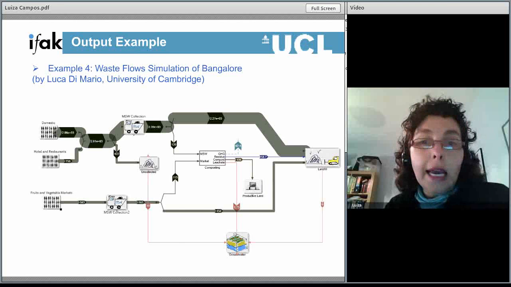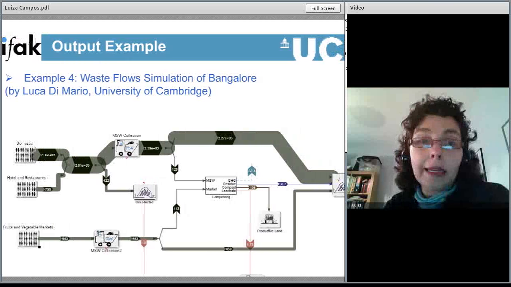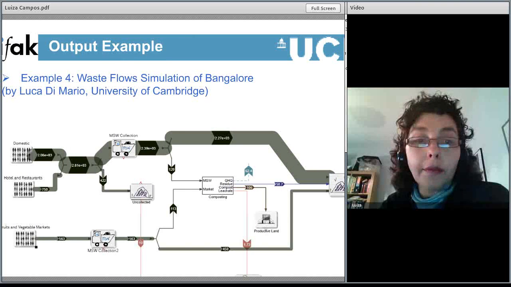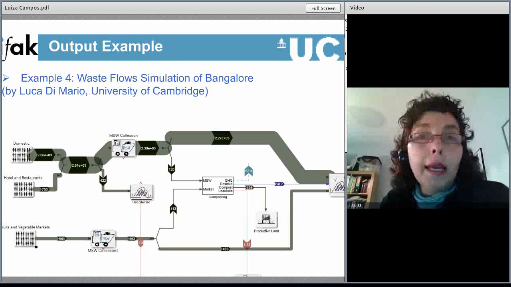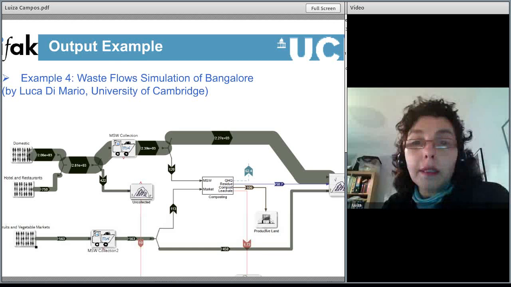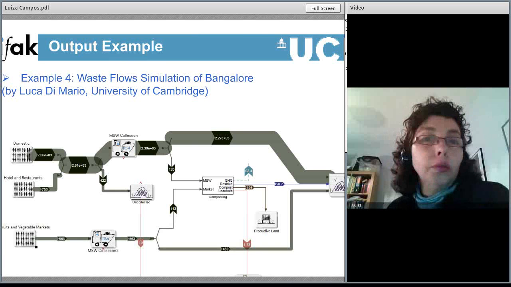Here is an example of collection of waste produced by domestic hotels and restaurants, and also from fruit and vegetable markets. What he wants to see is the potential to use this organic waste in future for generating energy or doing something else.